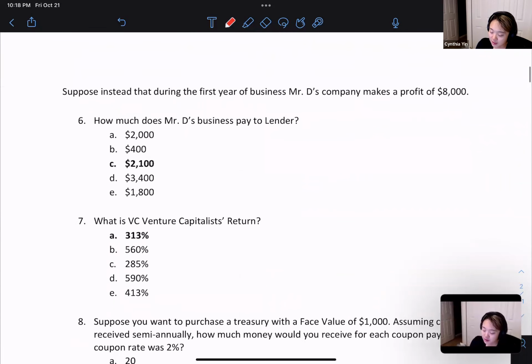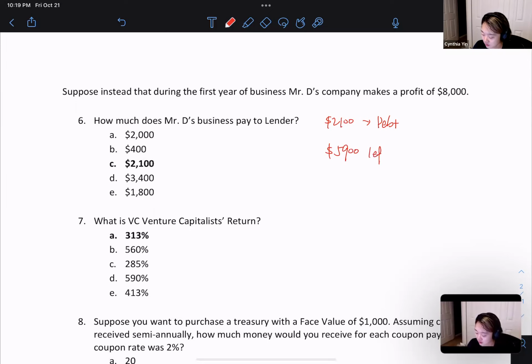And suppose instead, during the first year of business, Mr. D makes a profit of $8,000. It's a lot. So in this case, Mr. D is going to pay back the $2,100 to the debt holder. Then he will have $5,900 left, right?